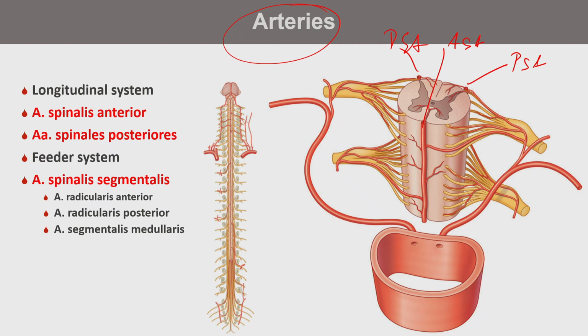Not in all, completely developed. And the feeder system is then providing blood through the spinal segmental arteries. The spinal segmental arteries have the same organization, but could be fed not in all segments.